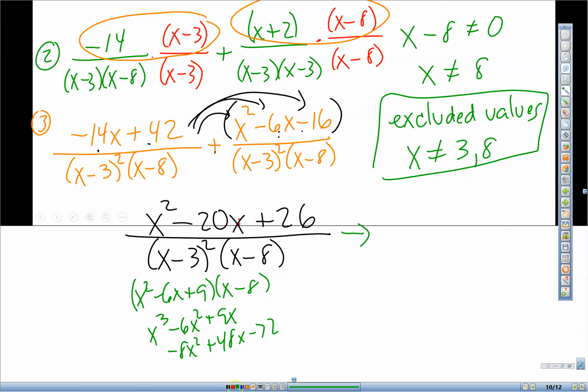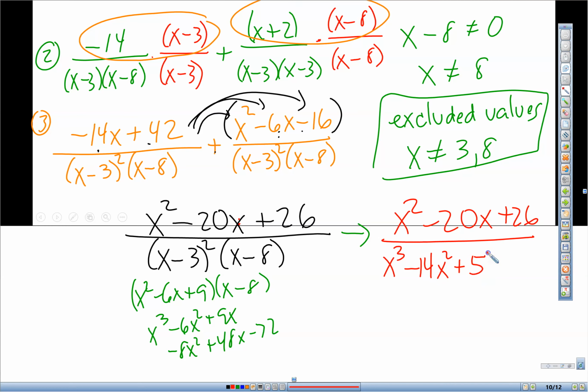So that's going to give us here x squared minus 20x plus 26 over x cubed minus 14x squared plus 57x minus 72 as our best answer.